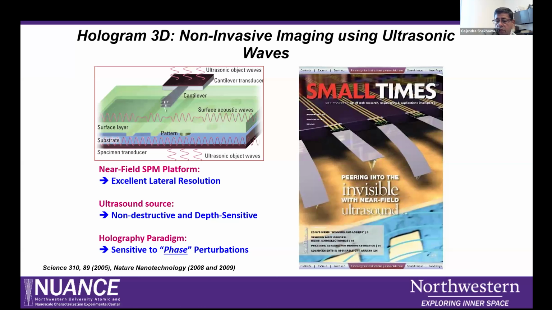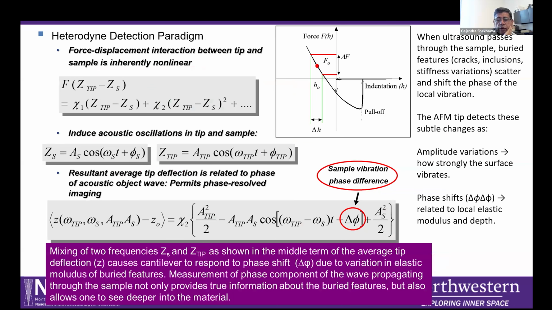Okay, because ultrasound is all based on the sound velocity, and the velocity of sound changes as it goes through different regions of a sample, based on different density variations or hollow voids and all those things. If you look at the mathematical formulations, it's just like a heterodyne detection type platform, but it still uses a non-linear interaction between the different samples.